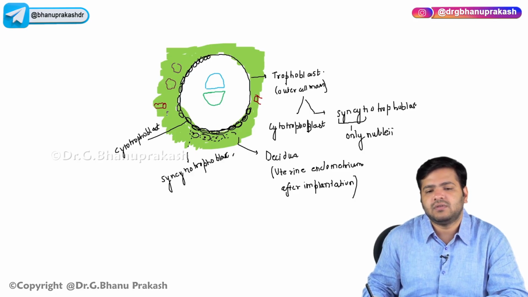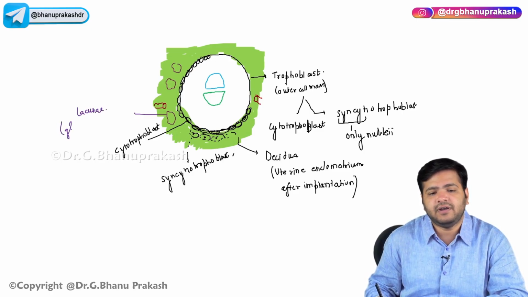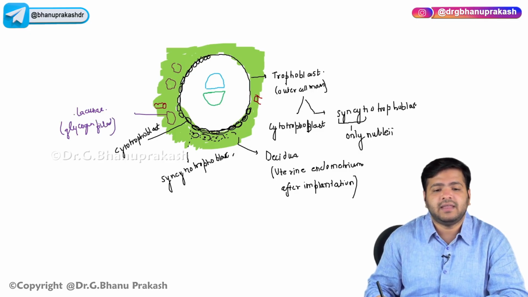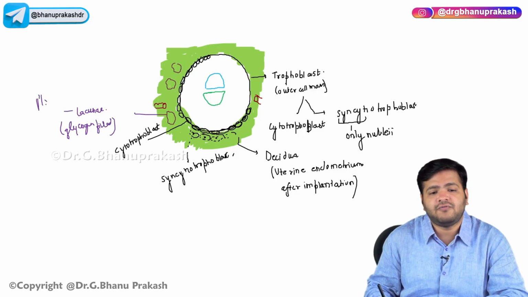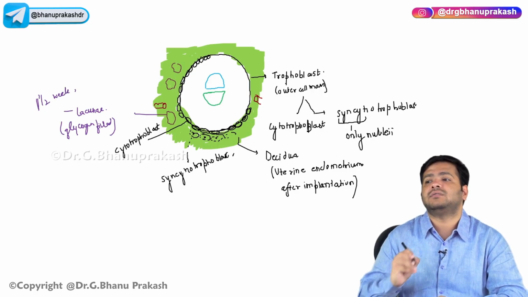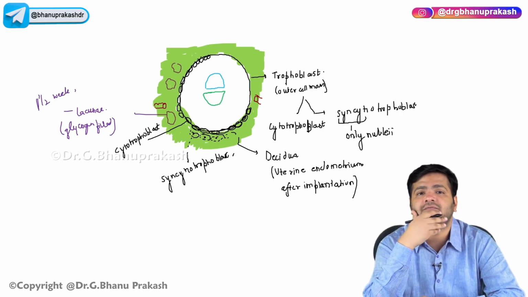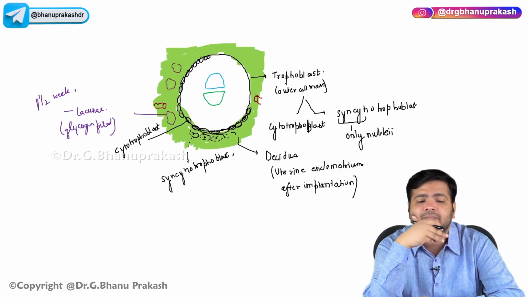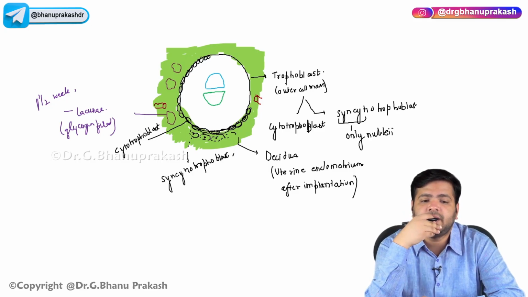Now these lacunae are glycogen filled, and they are required for the first 1.5 weeks.